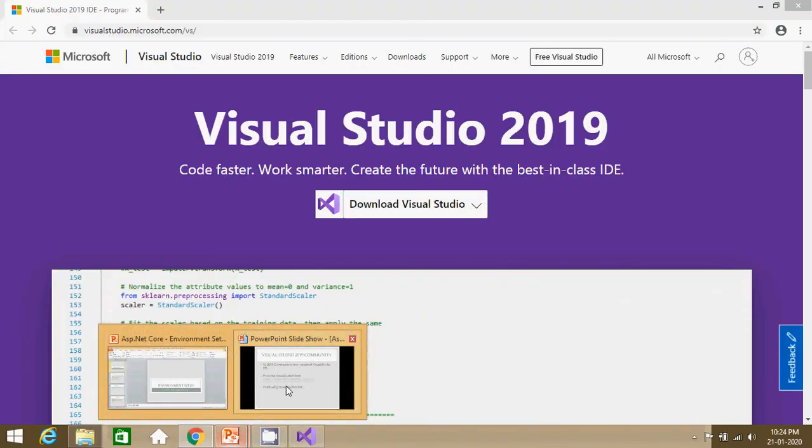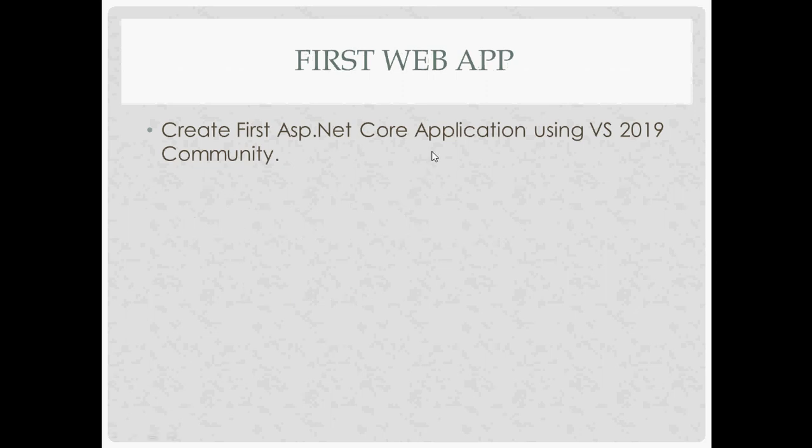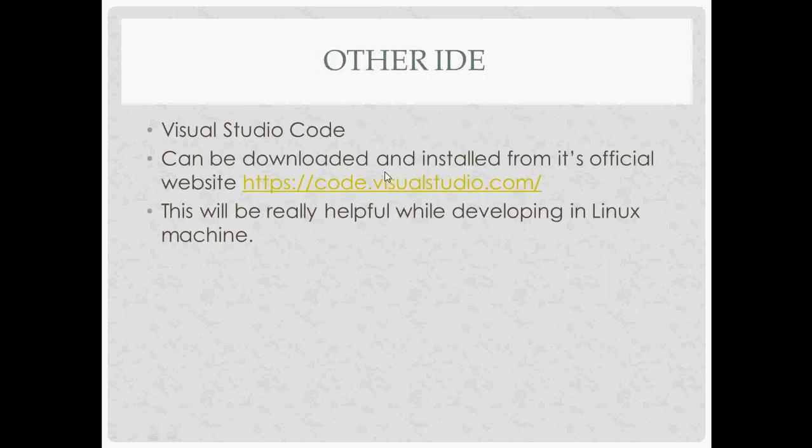And last slide, it's not only that Visual Studio 2019 Community is the only IDE. Among other IDEs, Visual Studio Code is very popular. Other ones are Sublime, and one more is Brackets. So these are very popular lightweight IDEs.